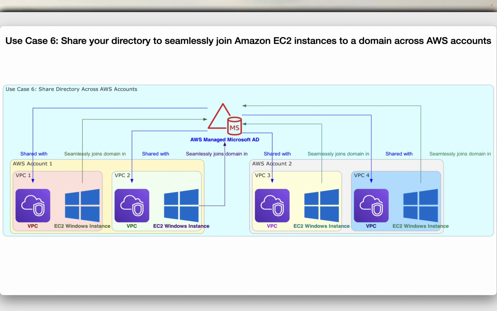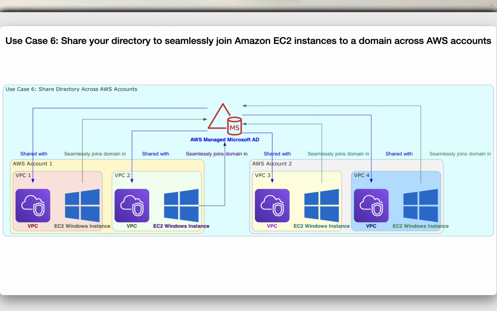Then sharing your directory across multiple AWS accounts enables you to manage AWS services such as Amazon EC2 easily without the need to operate a directory for each account and each VPC. So it has to be done only once, not for each and every VPC or account. You can use your directory from any AWS account and from any Amazon VPC within an AWS region.